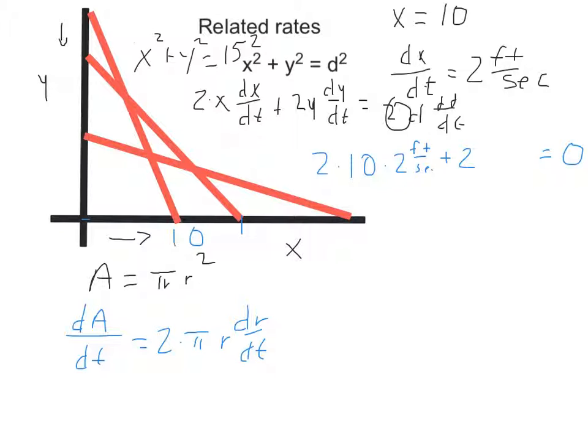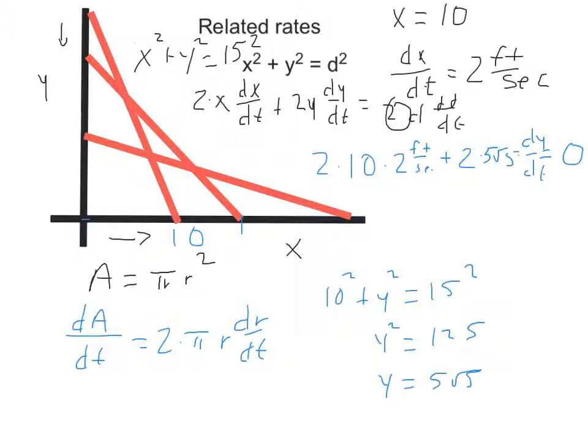However, because it's the Pythagorean theorem, x squared plus y squared is 15 squared, and we know that x is 10, we can figure this out. 10 squared plus y squared should equal 15 squared, because it's at that instant. So at that instant, y squared is 225 minus 100, which is 125. So y will be 5 times the square root of 5. So we're going to multiply this by 5 square roots of 5, but we don't know dy/dt.